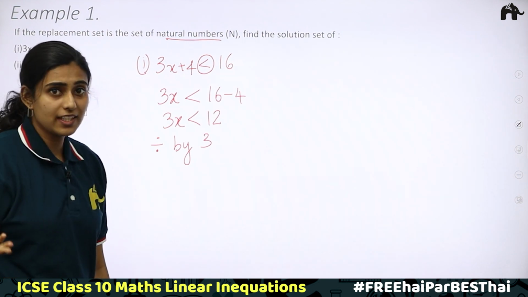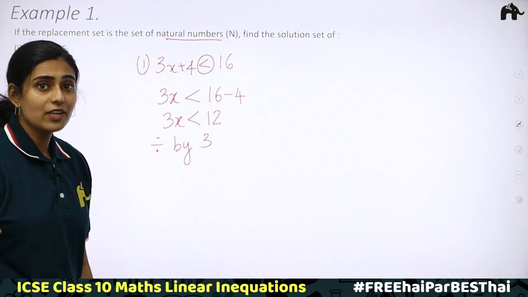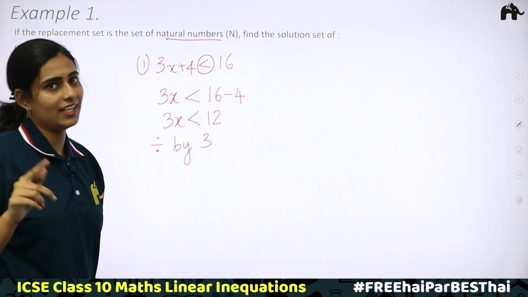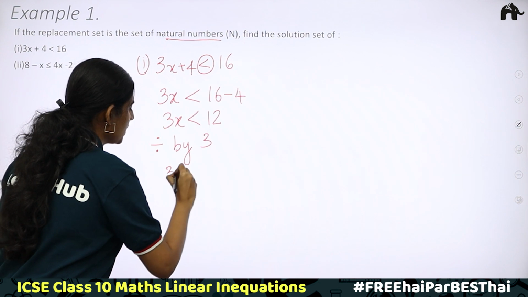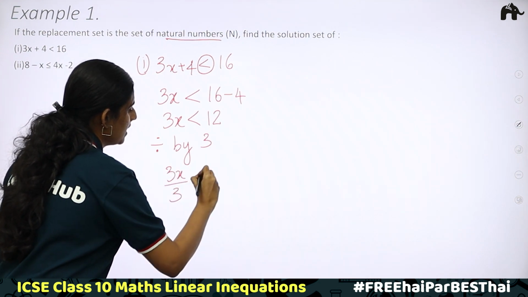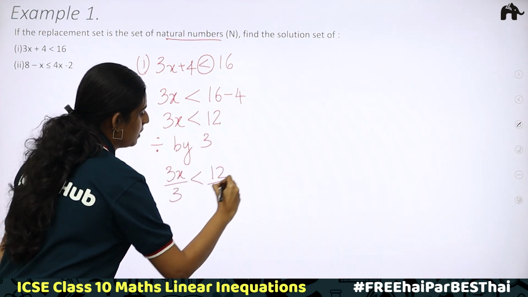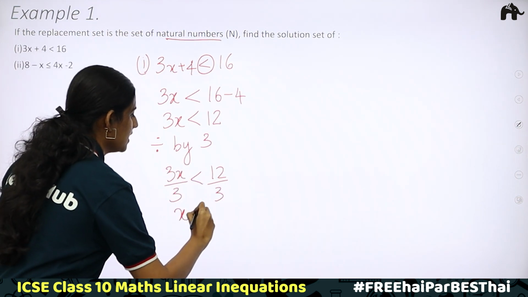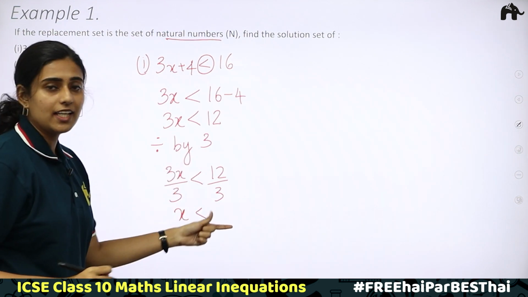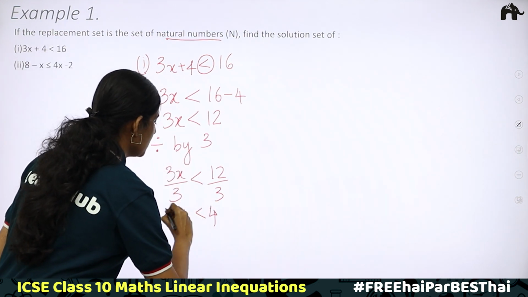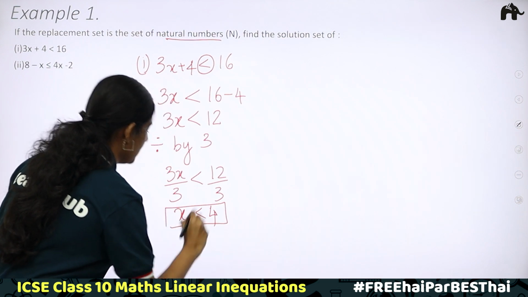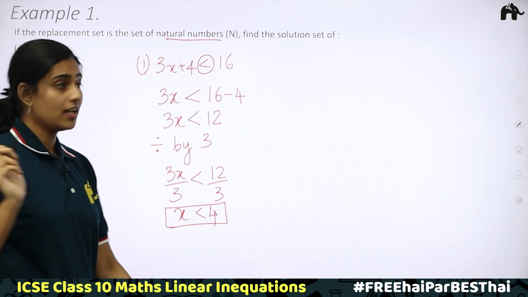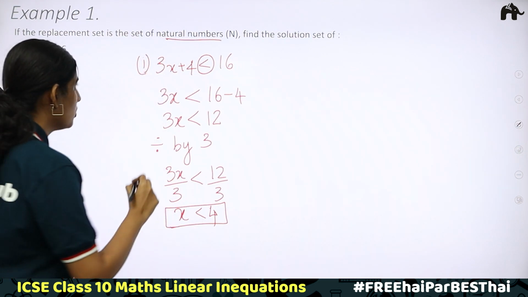According to rule 3, when you multiply or divide with a positive number, there is no change in the sign of inequality. Therefore, 3x by 3 less than 12 divided by 3. 3x by 3 becomes x less than, what is 12 by 3? 4. We got the inequation here, that is x is less than 4. Now we have the replacement set. What is the replacement set?